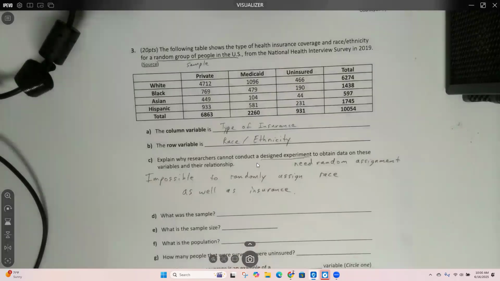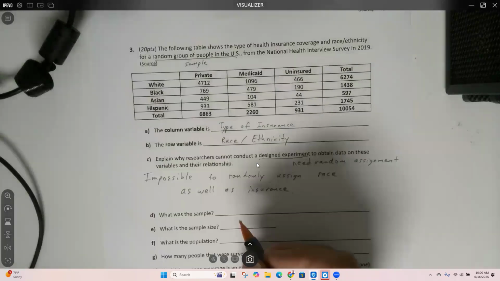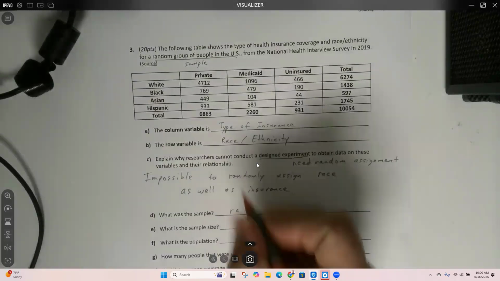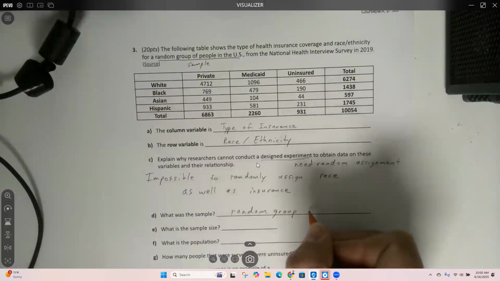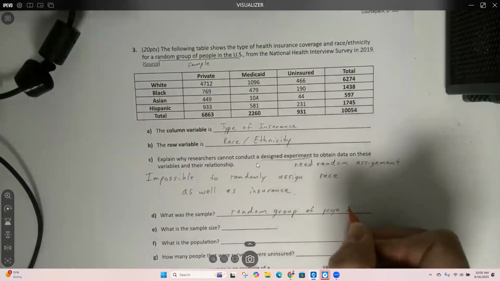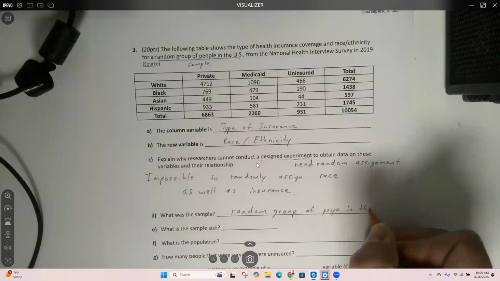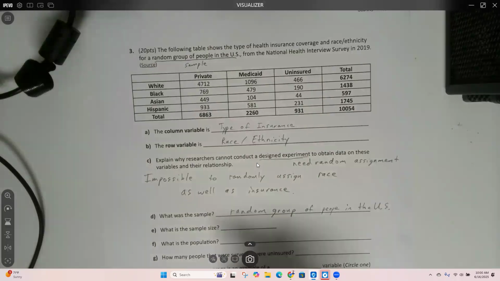So what was the sample? The sample here was a random group of people in the US. What's the sample size?